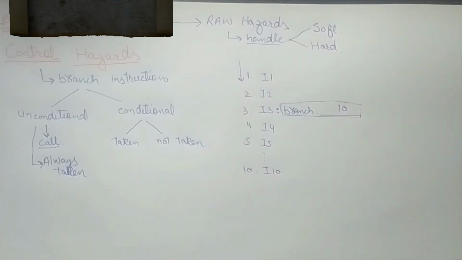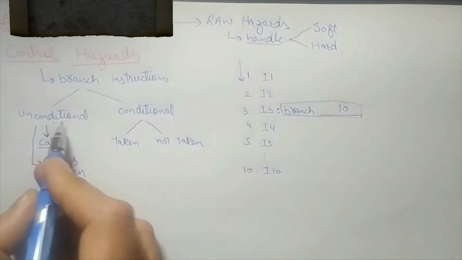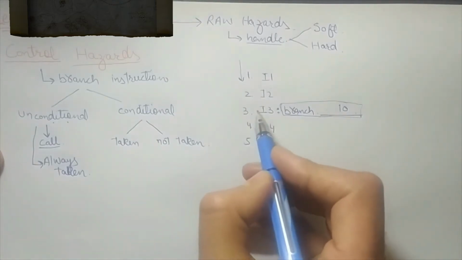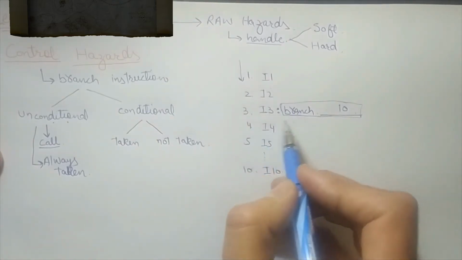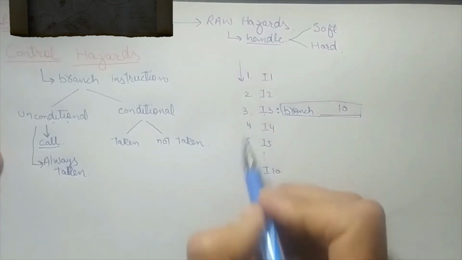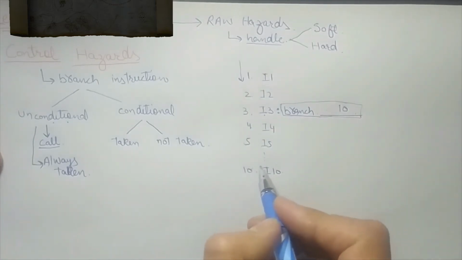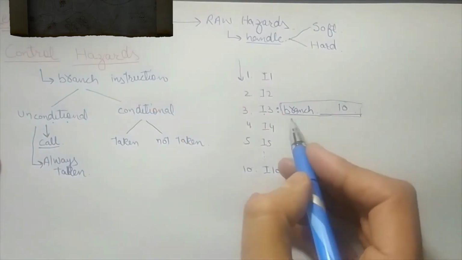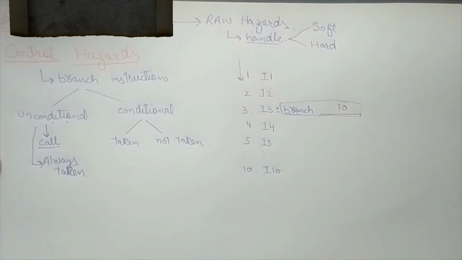If this is an unconditional branch, meaning a branch which is always taken, then this particular branch will always be taken. So after this instruction, I10 will be executed, followed by the other instructions.